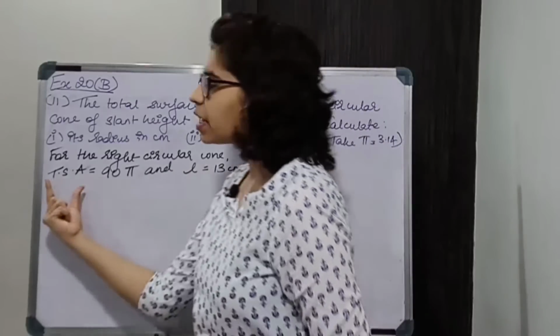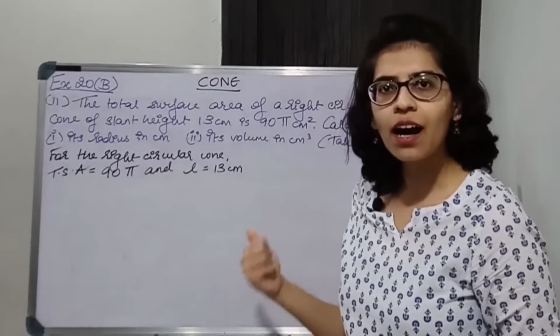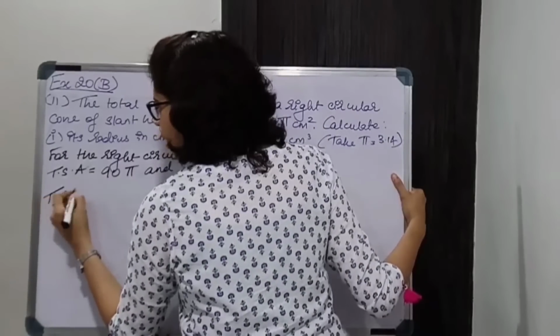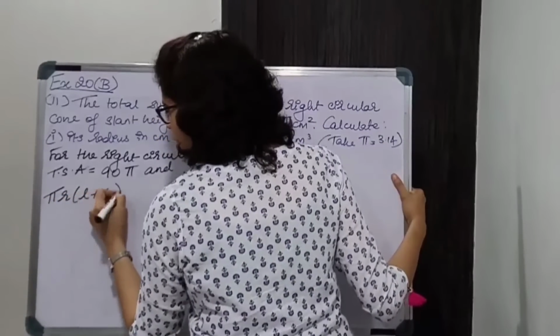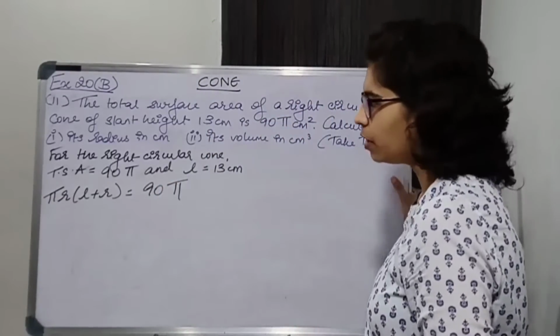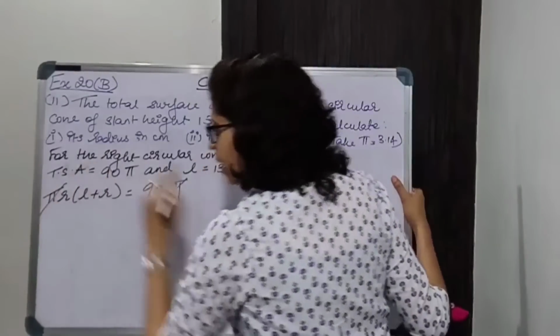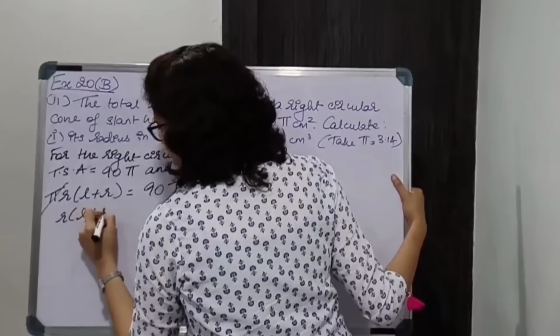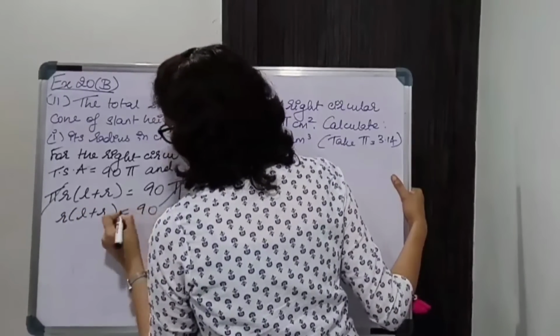Now the total surface area formula is pi r (L plus r), okay. So pi r (L plus r) is equal to 90 pi. Pi will get cancelled. We are left with r into (L plus r) is equal to 90.